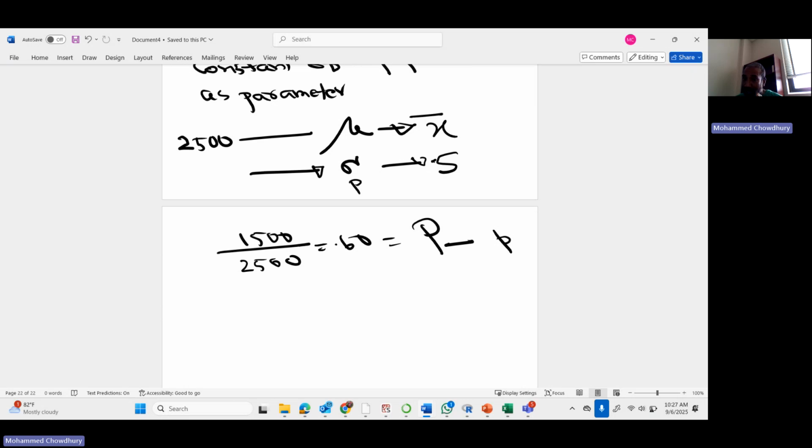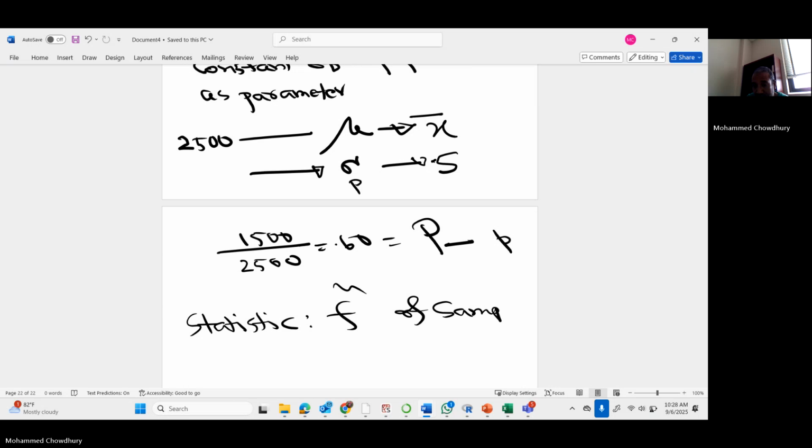Okay, so you understand what an estimate is. An estimate means a point estimate. Now, what is a statistic? A statistic means a function of sample observations.